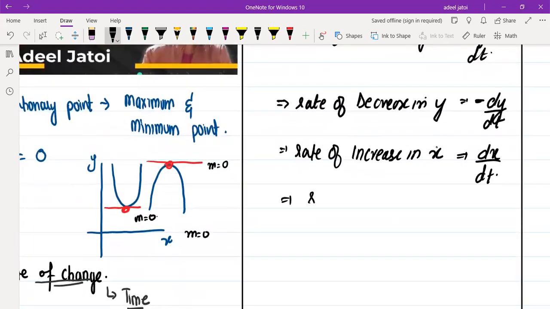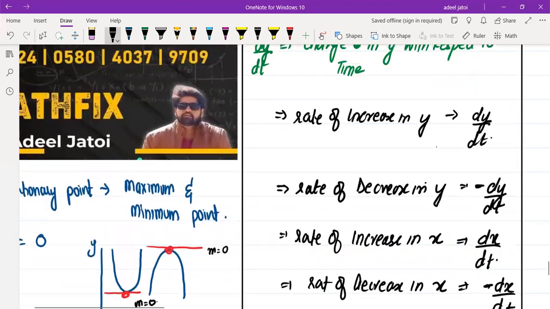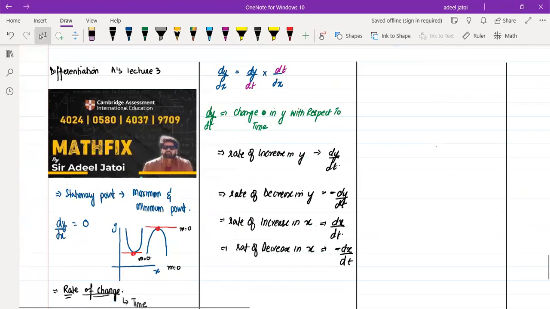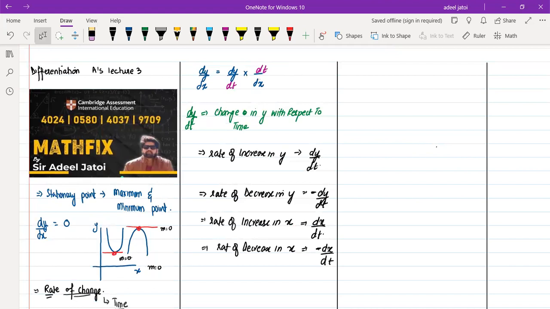And if the question says rate of decrease in x, this should be negative dx upon dt. So your increase shows the positive change, your decrease shows the negative change.